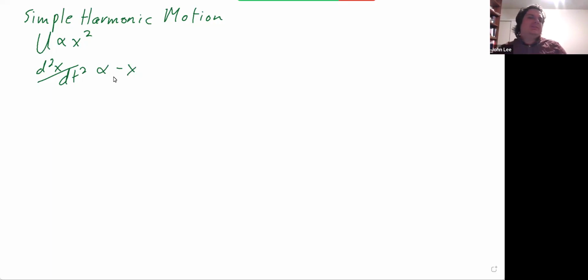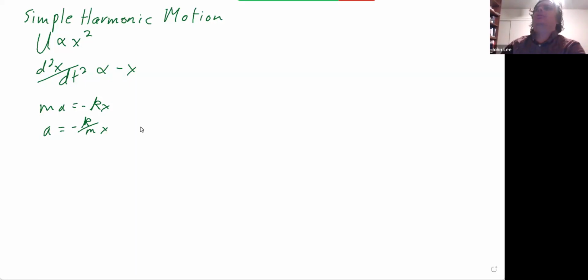The example we've already seen of this type of equation is the simple spring, where ma equals negative kx, or a equals negative k over m times x.